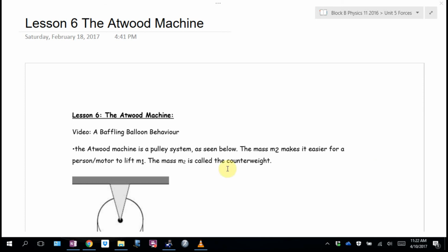Ladies and gentlemen, the Atwood Machine. What's the Atwood Machine? The Atwood Machine is a pulley system as seen below, where you have 2 masses on the end of a rope connected by a pulley. Now, in my little toy, I don't have a pulley here, but you can use your imagination. Oh, except it's magic.